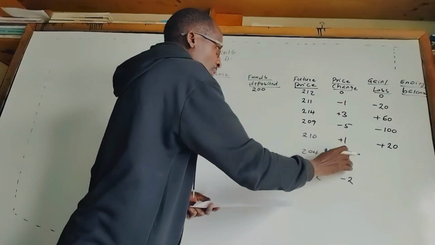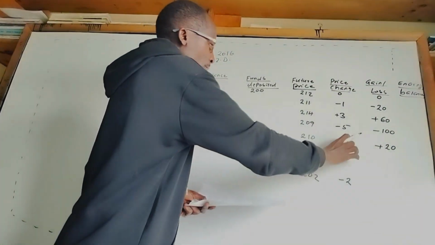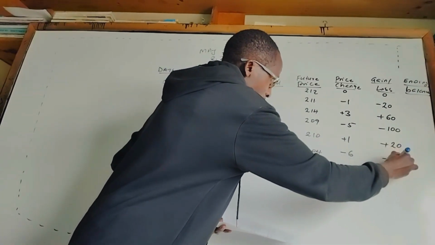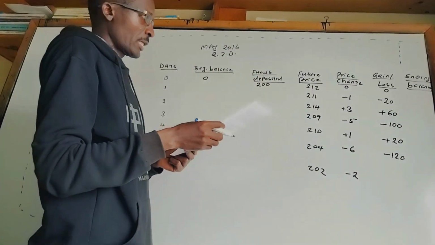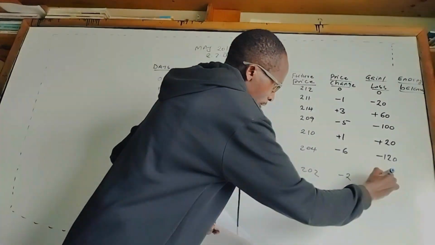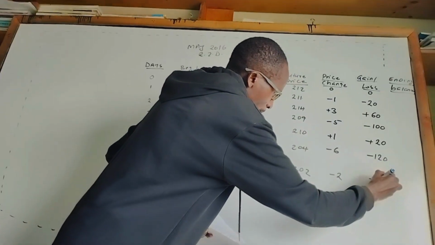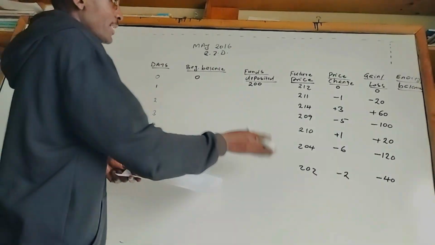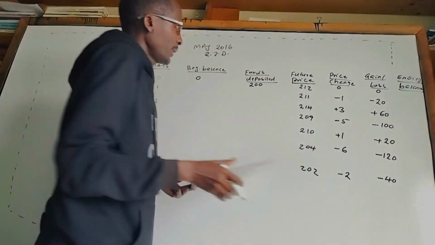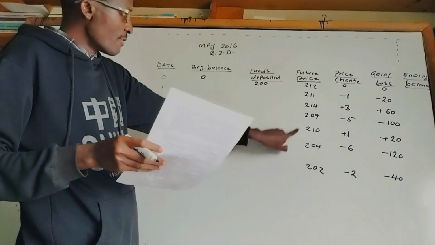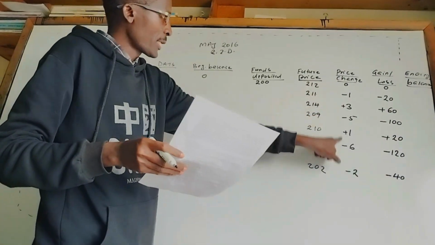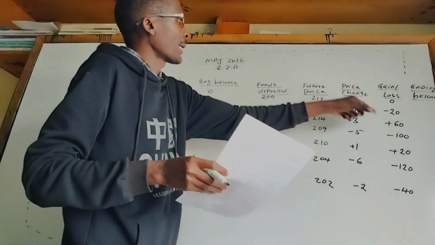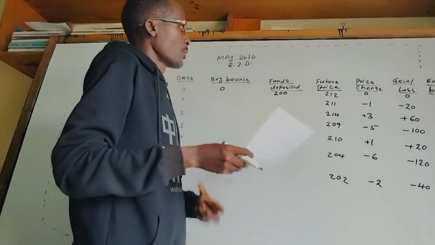Remember, we have 20 contracts as per the question. Negative 6 times 20 is negative 120, and then lastly 20 times negative 2 is negative 40. I think that is correct. Up to this one, that's a simple thing. The change in price is just this one minus that, then you multiply by 20.